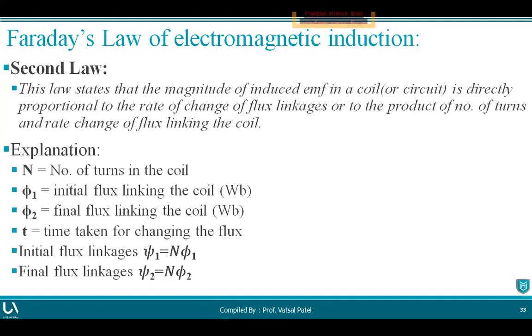N, your number of turns, is fixed. And the final flux linkages are psi 2, which is equal to N into phi 2. So these are the two parameters we require. Now, according to the statement, we are going to consider the equation for the induced EMF, which is proportional to the flux linkages with respect to time.